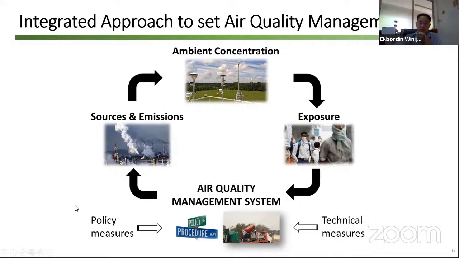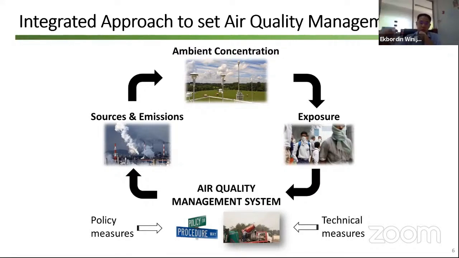And as we discussed earlier in the previous slide, we need policy measures and technical measures at the same time. After we come up with the policy that is appropriate for the situation, then we need to apply those policies to reduce emission at the source. For example, we found that in the area, the emission is majorly coming from industry.